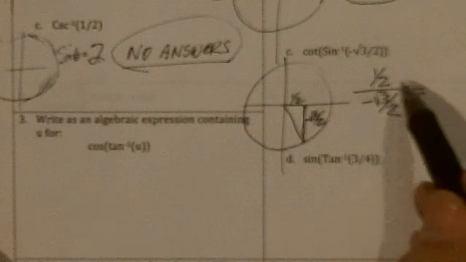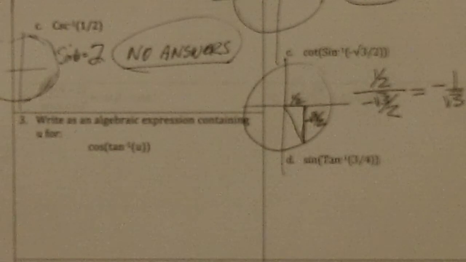And the cotangent is going to be the cosine over the sine. So the 2's are going to cancel, and it's going to be -1 over the square root of 3, or if you will, minus square root of 3 over 3 if you multiply numerator and denominator by the square root of 3.